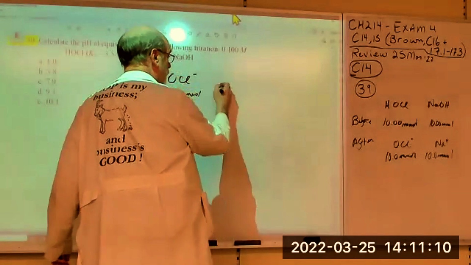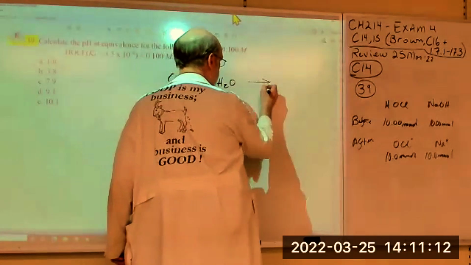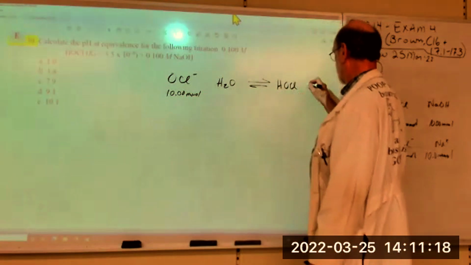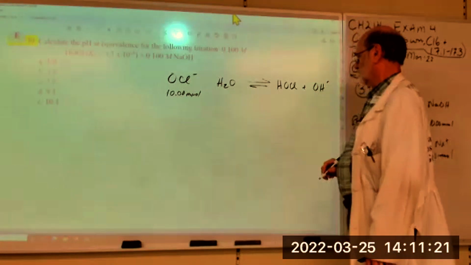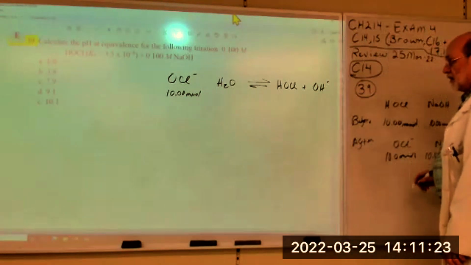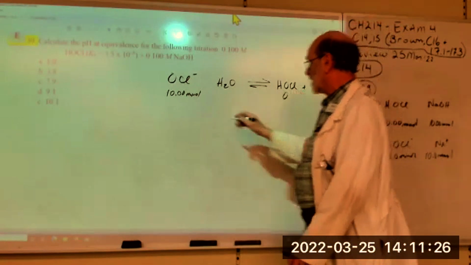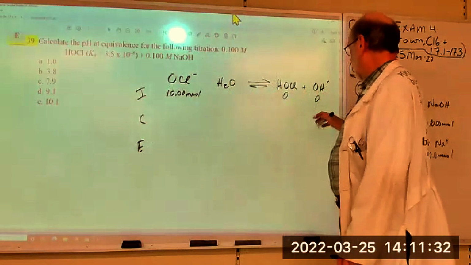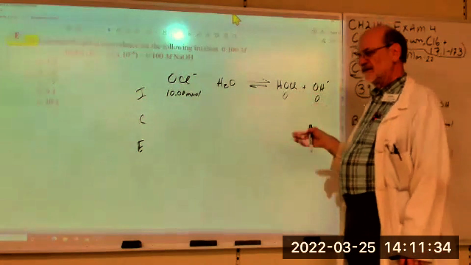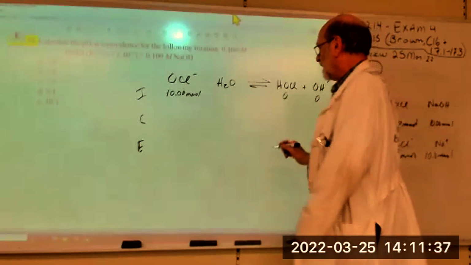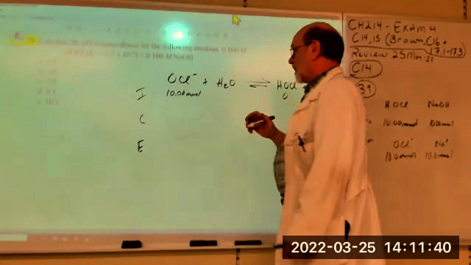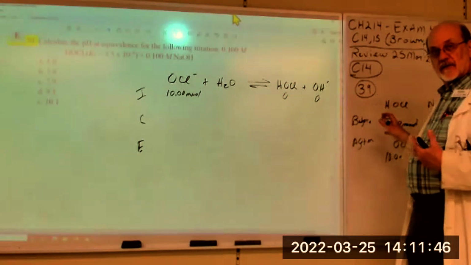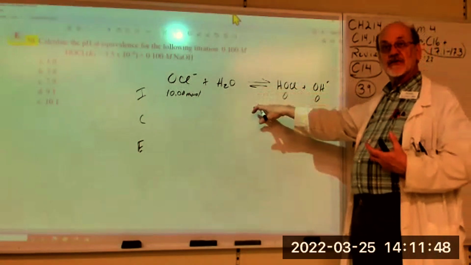And we've got water, and it's going to react and produce HOCl plus OH minus. So this is where we start: initial, change, equilibrium. We essentially have 0 of these to begin with. We have a little bit of that, but not much. Now this stoichiometry we can do with actual amounts, but equilibrium we have to have concentrations.